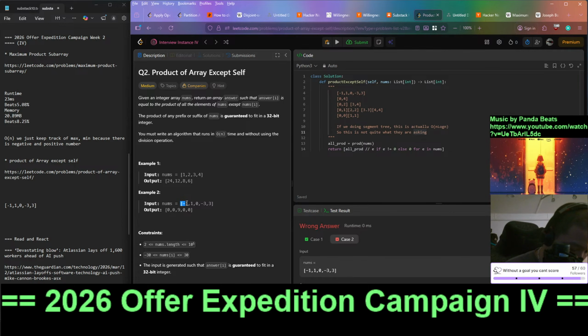So okay, so we got 0, -3 and 3, right? So this would be -1, 1, 0, right? 0, 0. So 0 overrides everything, right?